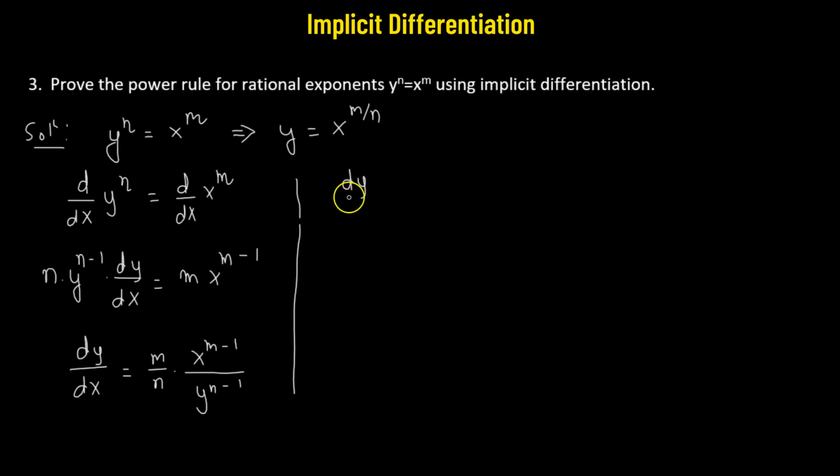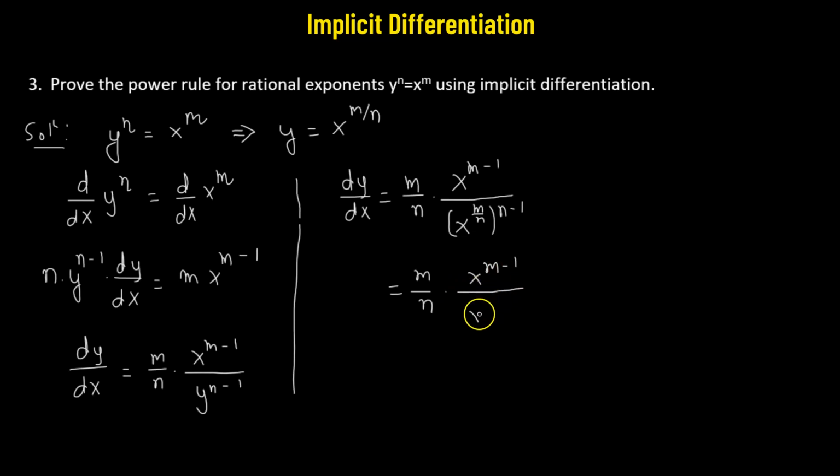So our derivative of y with respect to x now becomes m over n times x raised to the power of m minus 1, whole divided by y, this time it will be x raised to the power of m over n, and whole raised to the power of n minus 1. So this equals m over n times x raised to the power of m minus 1 divided by x raised to the power of, so we'll multiply the exponents, so this will become m minus m over n.